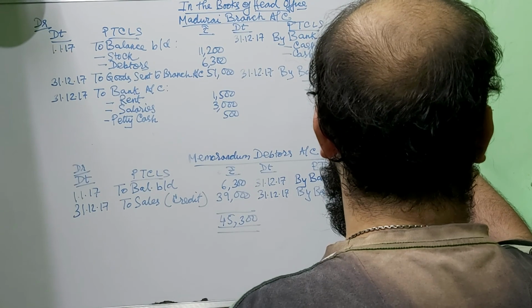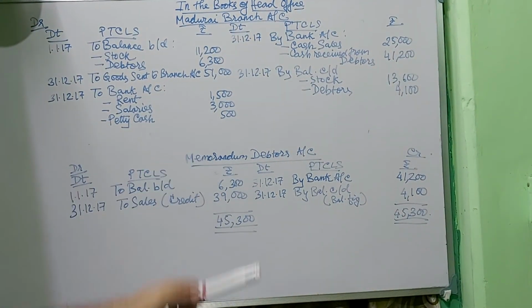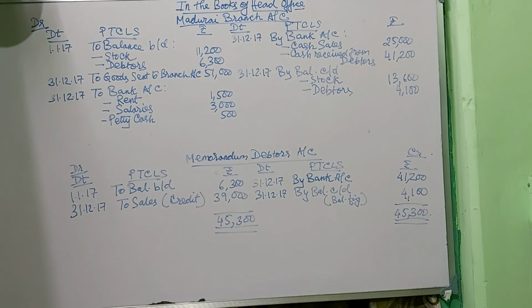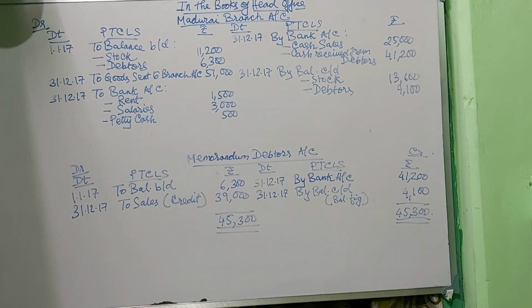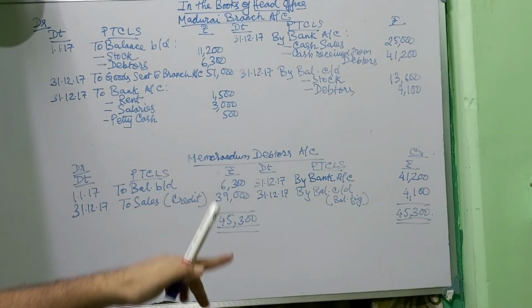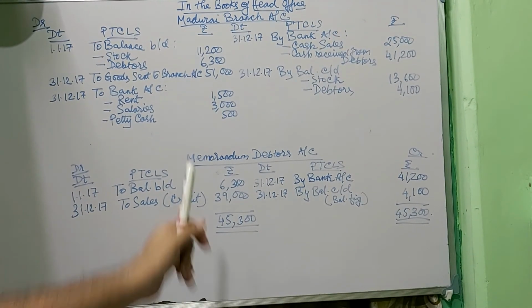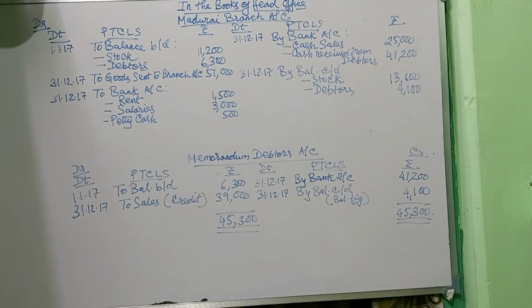And see, another thing to be carried forward is the petty cash. Why? Because the petty cash sent by the head office is assumed to be lying with the branch at the closing date. We are assuming that the petty cash of 500 which the head office sent to the branch is still there during the closing period.